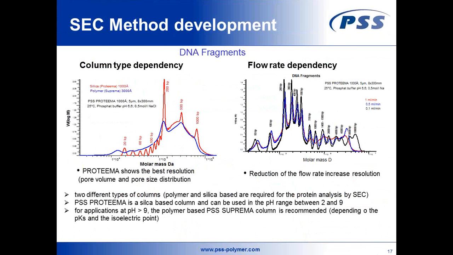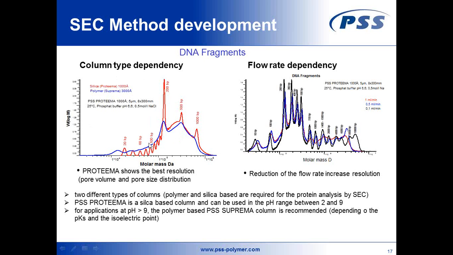The last point we can improve in order to improve our results is the column type itself. At PSS, we have 2 different column types available for protein analysis. One is a silica-based and the other one is a polymer-based material. The silica-based material, the PSS Suprema column, indicated with the red color here on the left-hand side, is compared to a polymer-based Suprema column I have introduced to you before.